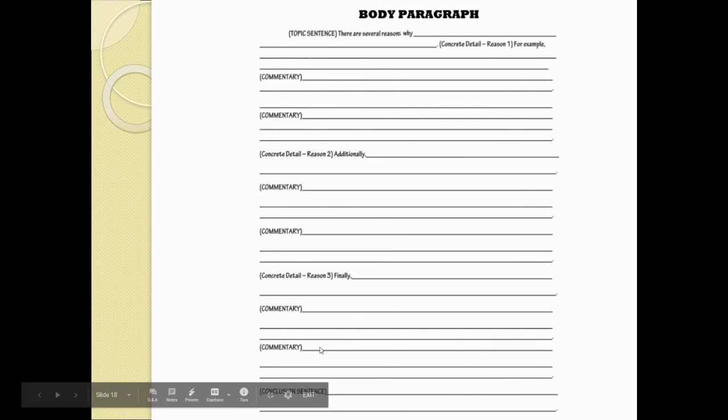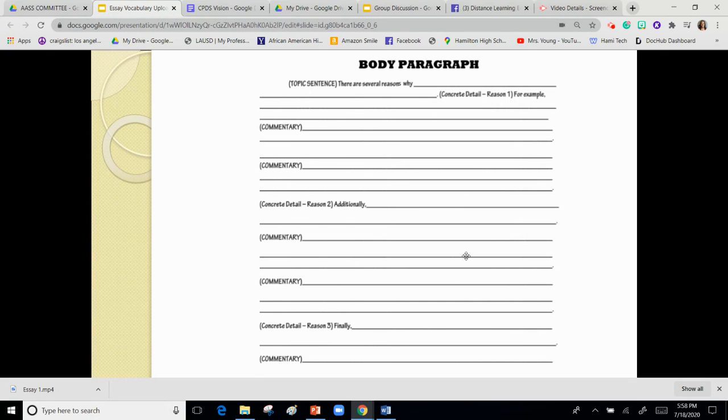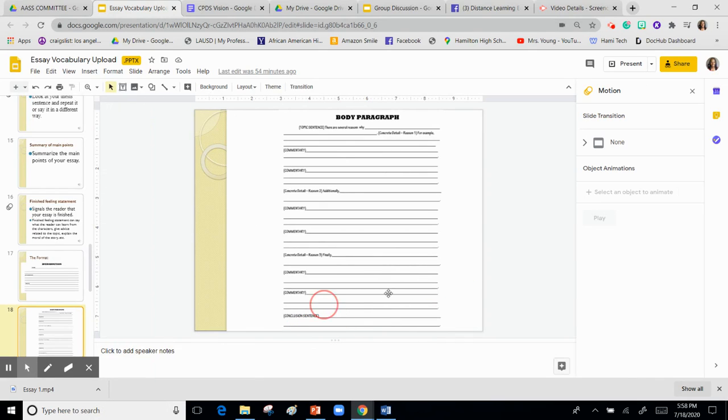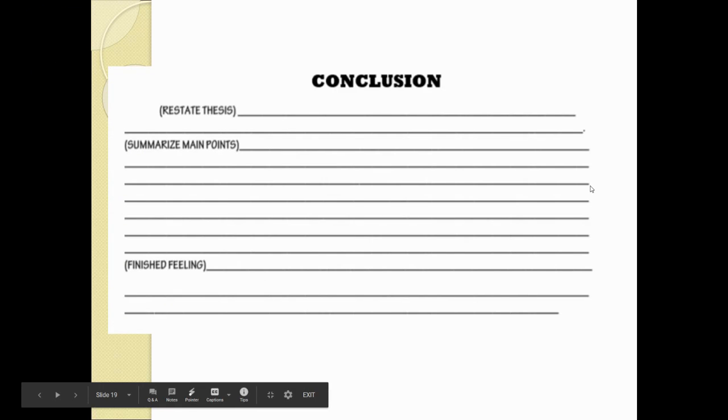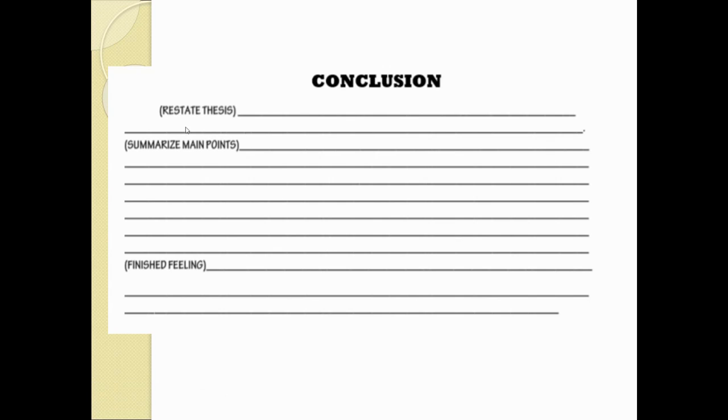And sometimes you might have a third example and you have two sentences explaining it. And then you will have your conclusion sentence. The last one is the conclusion paragraph, where you restate your thesis, you summarize the main points, and then you have your finished feeling statement where you wrap the essay up.